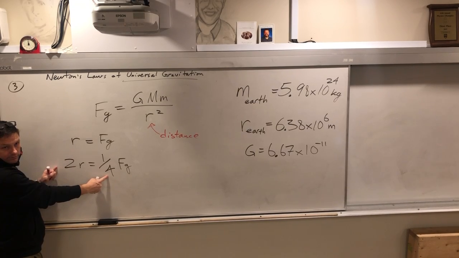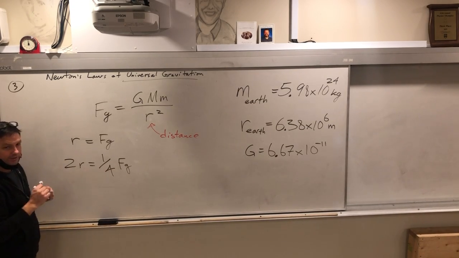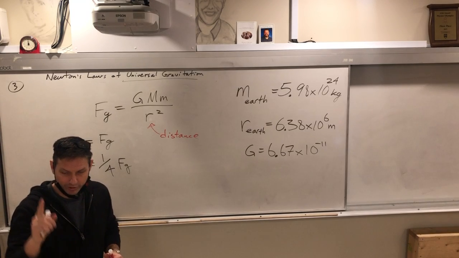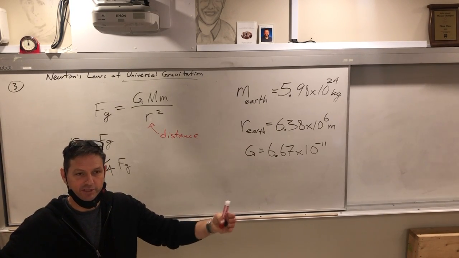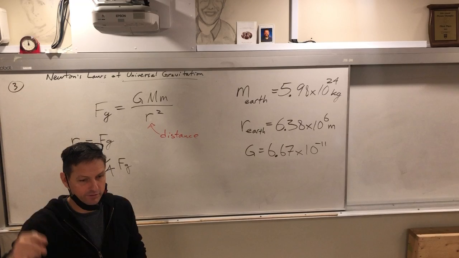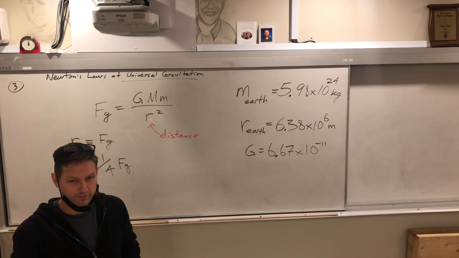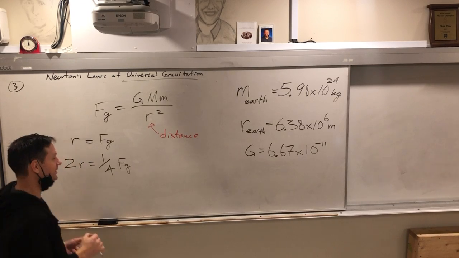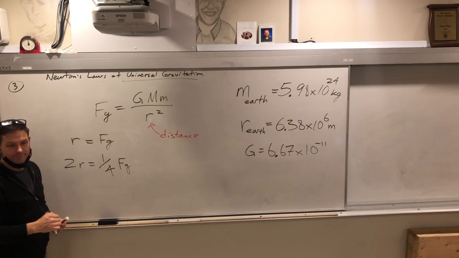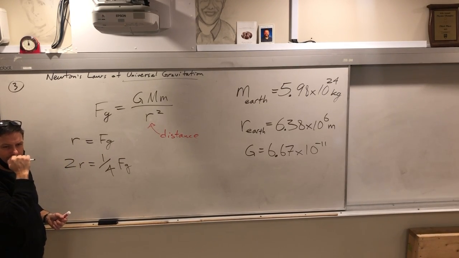Okay, what if, don't call it out, put your hand up when the answer is in your head. What if I triple the distance? Then what is the force? 1/9. Okay, Thomas, tell us. I think it's 1/9. Levi, what do you think? 1/6.